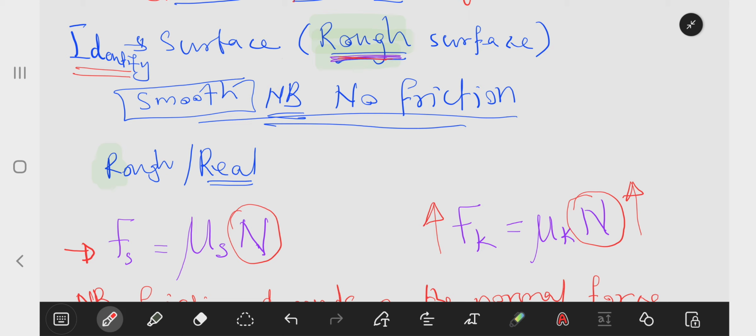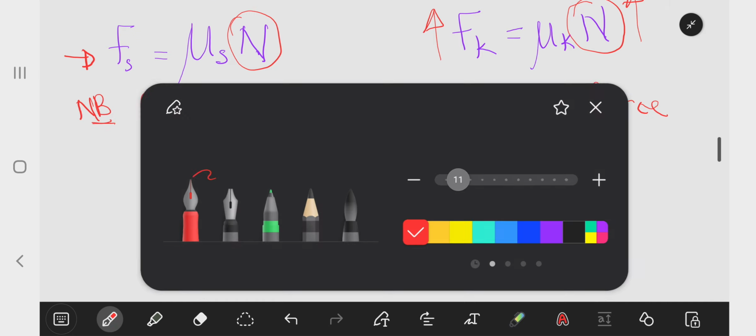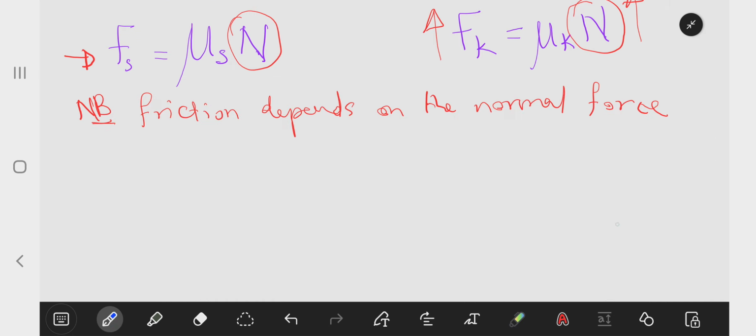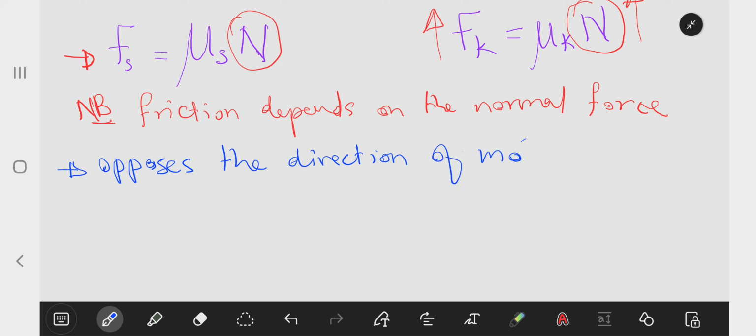Now let us talk about the direction of friction. Friction, in terms of direction, opposes the direction of motion.